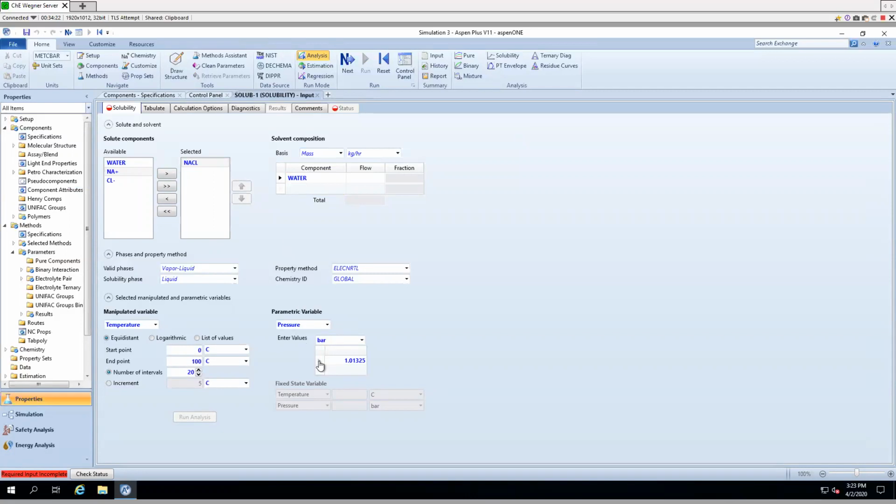So, what else do we need here? Points. I'm going to change our starting point from 5 to 100 in increments of 5 degrees C. And for water, you just need to put 1 here, just to show that it's just water. The fraction is 1. And we can actually run the analysis here, and it will generate a really nice graph for us.